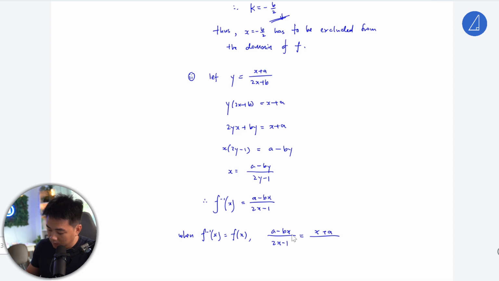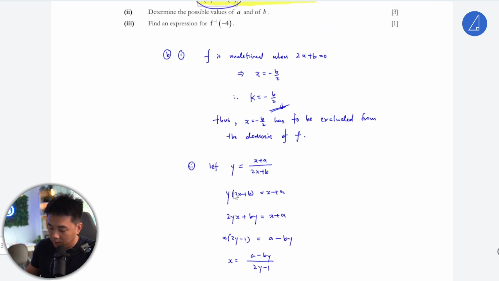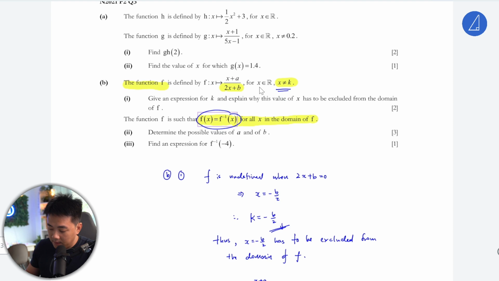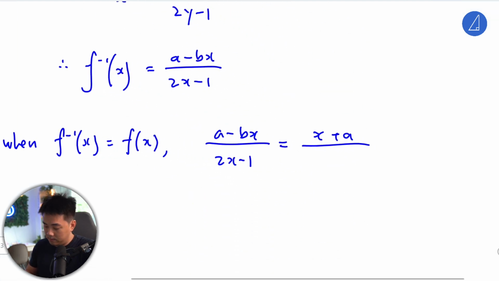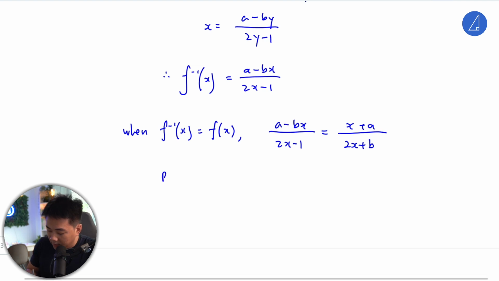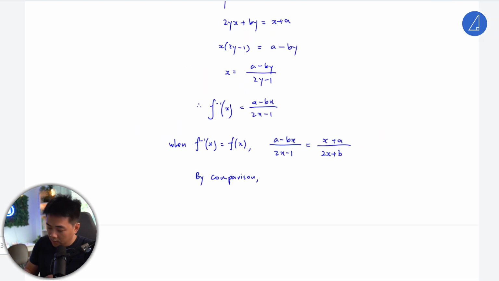So this is your f inverse x, which we found. This is 2x plus a over 2x plus b. So you can see that by comparison, we know that b will be -1, because if b is -1, the coefficient of x for the numerator will be 1 on this side, and the constant for the denominator will also be +1.